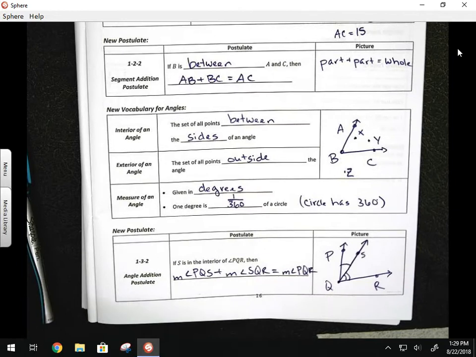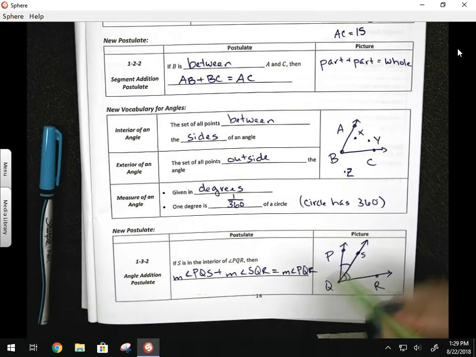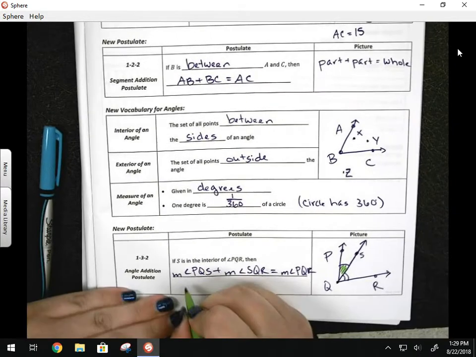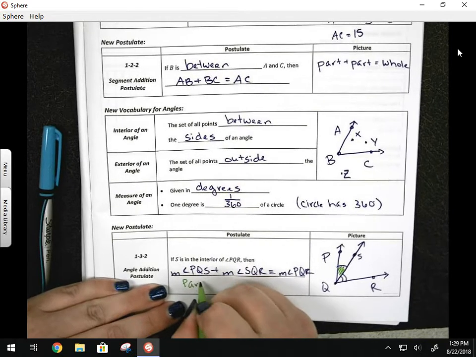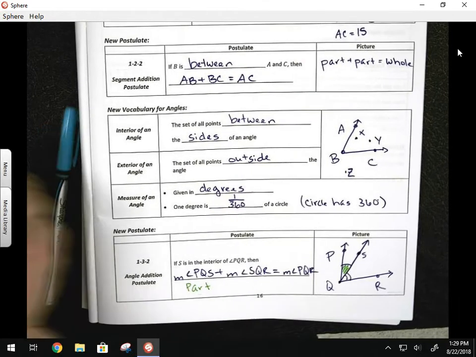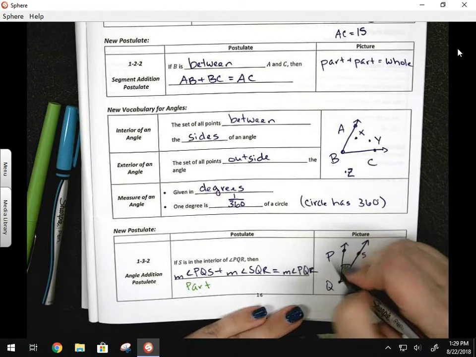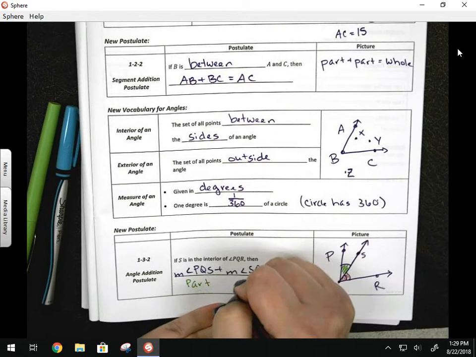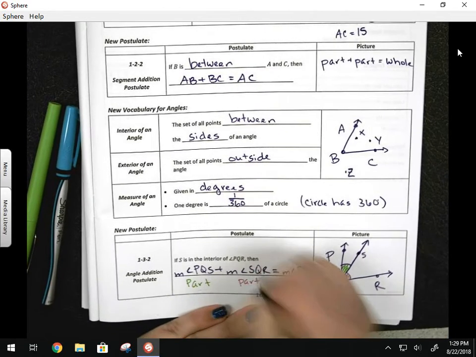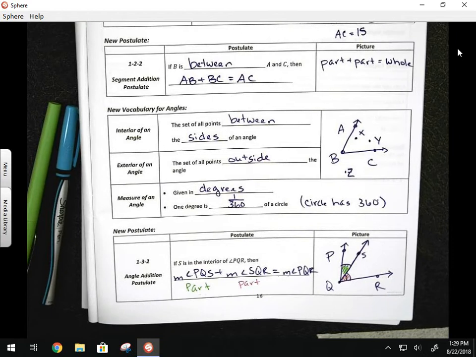So again, we're looking at part plus part equals whole. So this part, and then we've got this part, and together it makes the whole thing. We're going to be looking at a lot of different examples over the next couple of days.